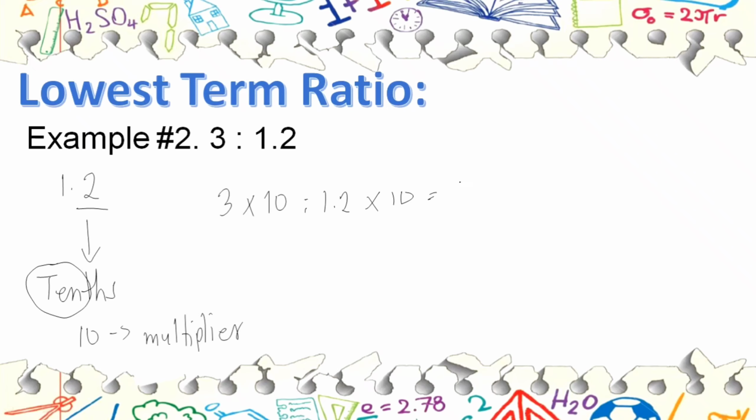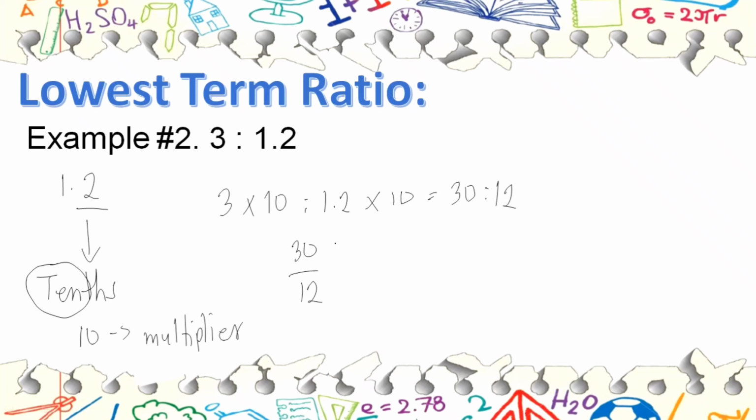Then, solve na po tayo. 3 times 10, that is 30, is to 1.2 times 10, that is 12. And yung 30 is to 12 na yan ay nasisimplify pa. So, gamitin natin yung unang paraan na tinuro ko sa inyo, yung pag-lowest term ng whole number na ratio. So, magiging 30 over 12 na ang 30 is to 12. So, from column notation, gagawin natin fraction notation.